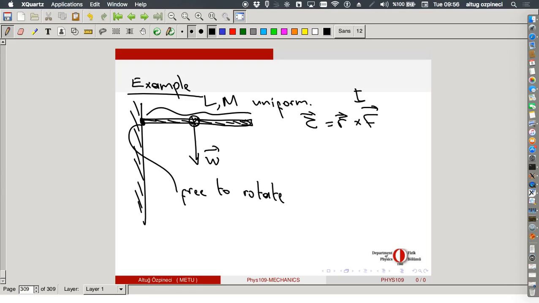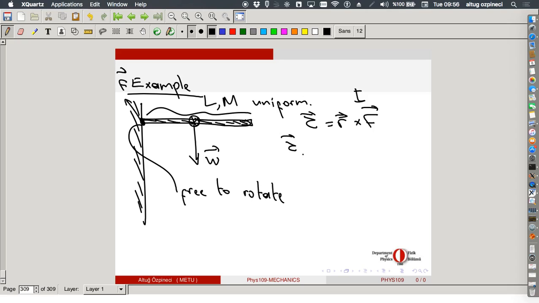My object is rotating around this point, so let's calculate the torque about that point. I don't know what force is acting over here. Let's just call it F. It might be 0, it might not be 0. It might be vertical, horizontal, etc. We don't know yet, but nevertheless, let's calculate the torque for rotations around this point.